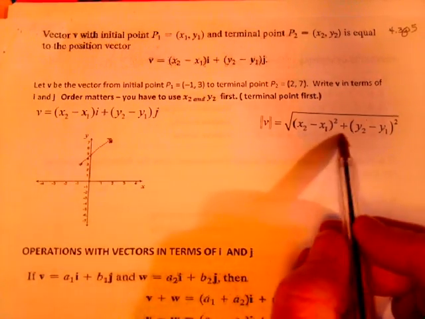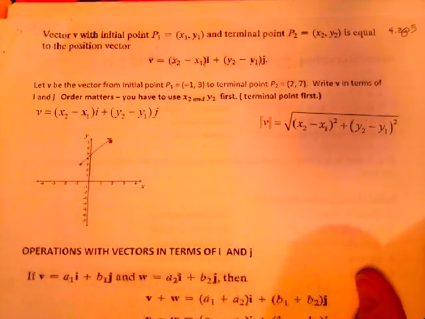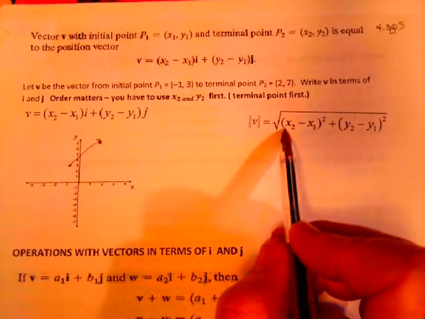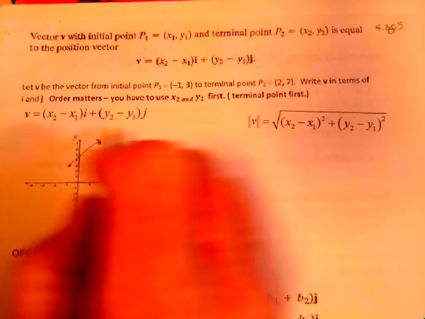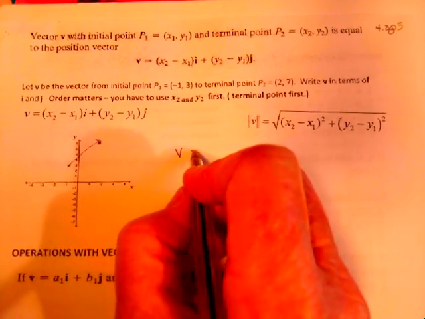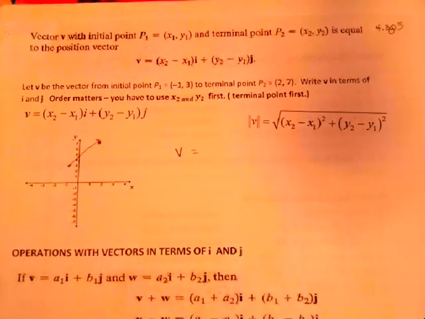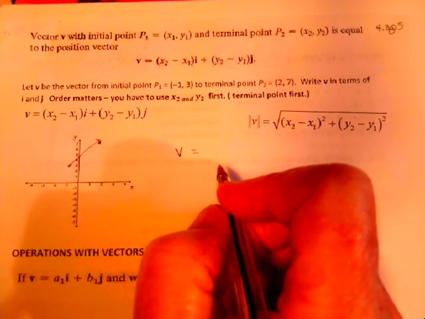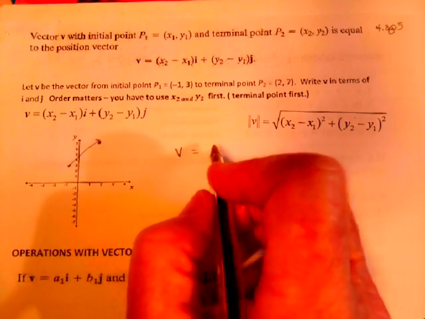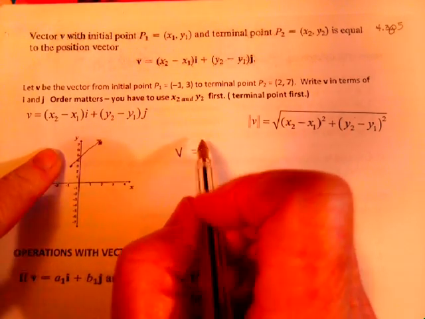We just follow this little formula to find the magnitude, and we follow this to figure out how to draw this. We want to know what goes in front of i and in front of j. So this is x1, y1.